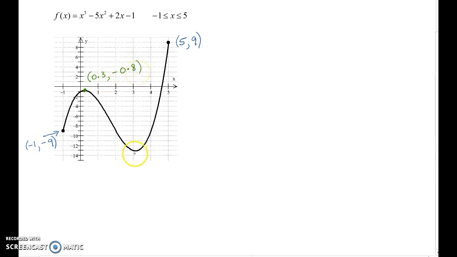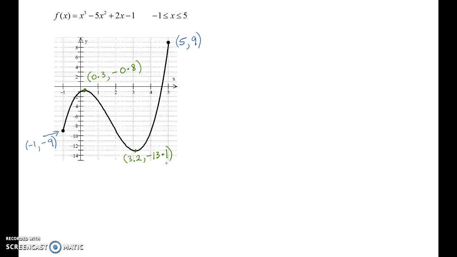And for the minimum, which is just about here, it's maybe about 3.2 and -13.1. I think it's dipped slightly below, but if you disagree with me, that's okay. As long as we're in the same ballpark, your answers are going to be fine.